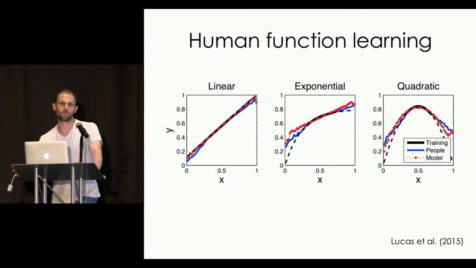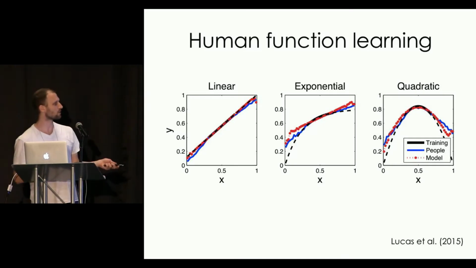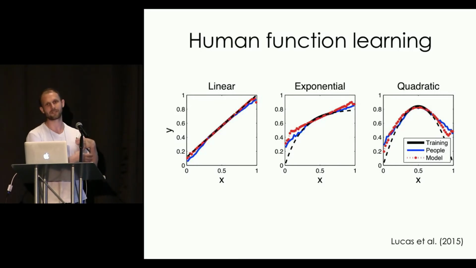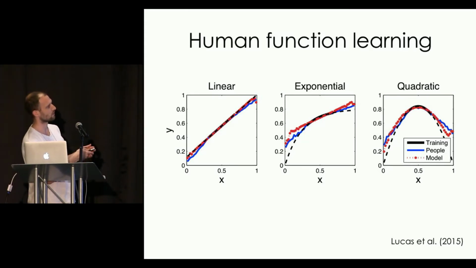Now, what we're interested in here is not just the mathematics of this, but also the application to human function learning. There have been quite a few studies of human function learning, and there's a nice paper by Chris Lucas and colleagues showing that Gaussian processes could actually explain the canonical patterns in this function learning literature, where there are particular biases in learning different kinds of functions.